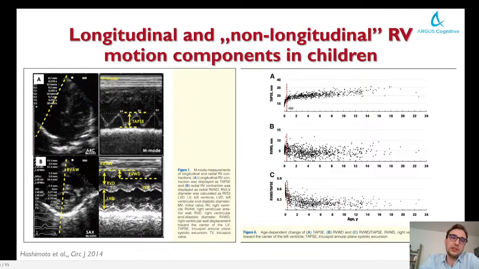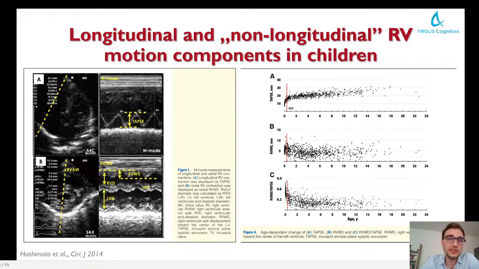Yeah, we were talking about the longitudinal motion. However, there's also non-longitudinal motion of the right ventricle, and it was already examined by simple methods in the past. So there is this early report using simple one-dimensional measures.